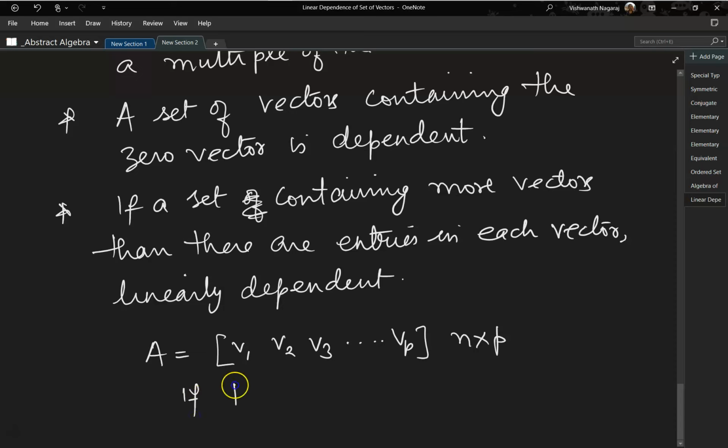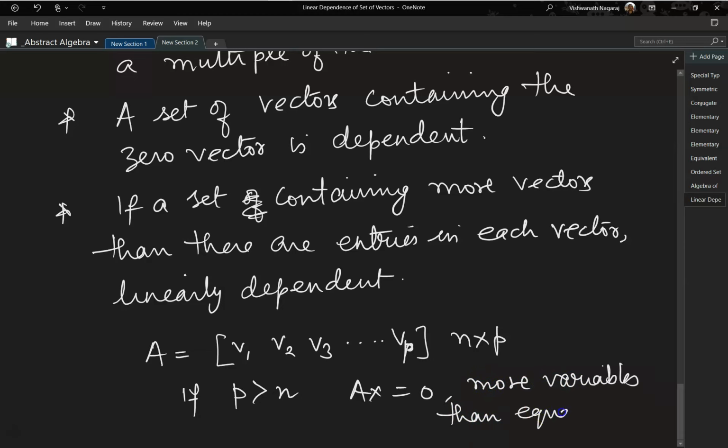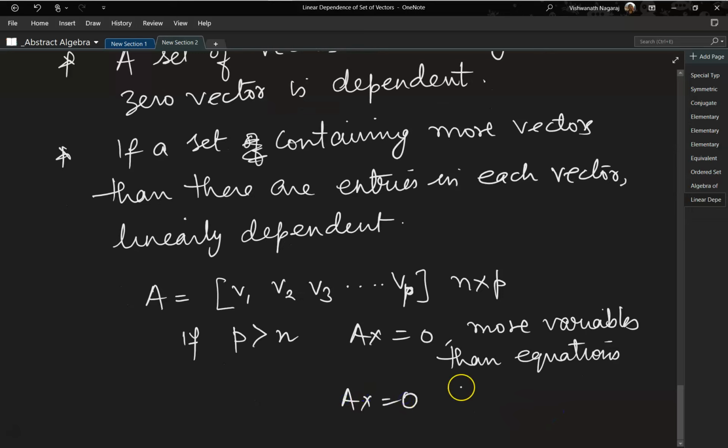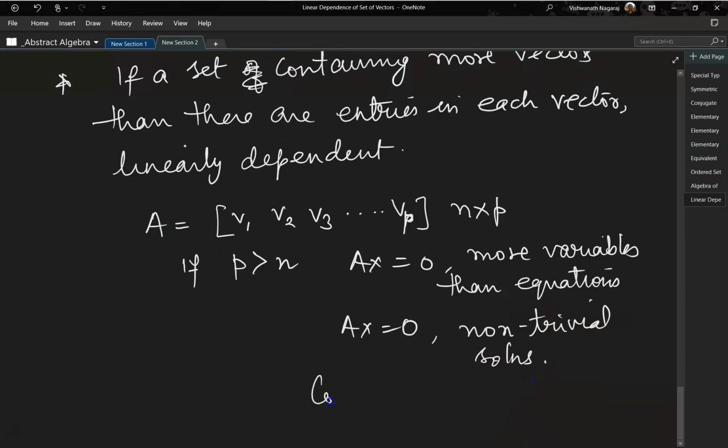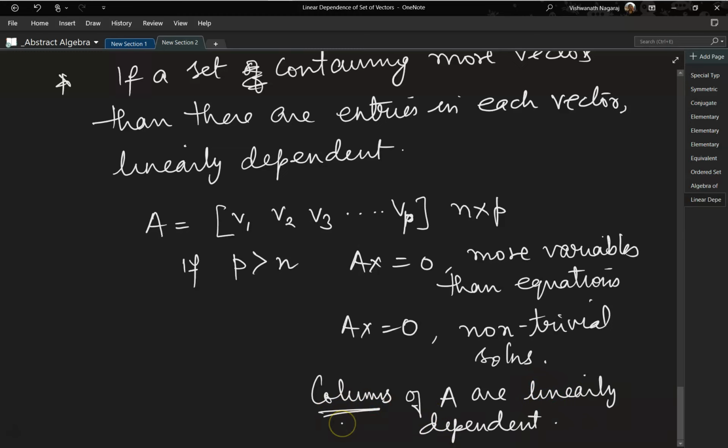If P is greater than n, then in Ax equal to 0 we will have more variables than equations. Ax equal to 0 has non-trivial solutions, and columns of A are linearly dependent. Remember, columns are vectors.